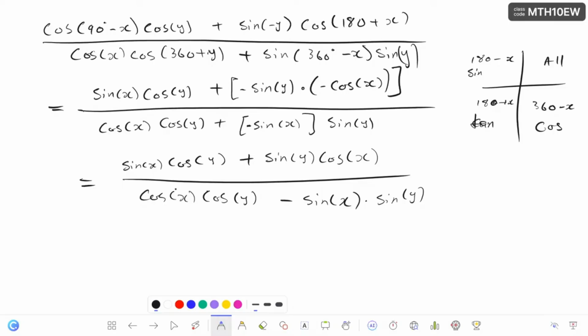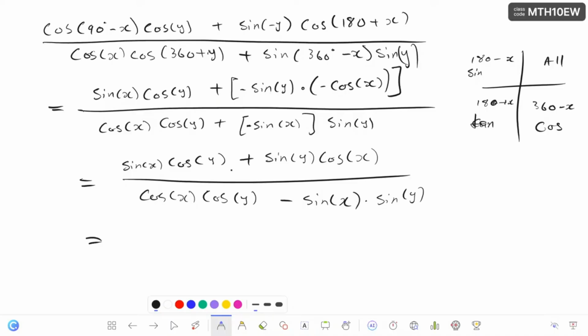So okay, let's check something. Here is sine cos, sine cos. So this is the one for sine, and the one for cos.